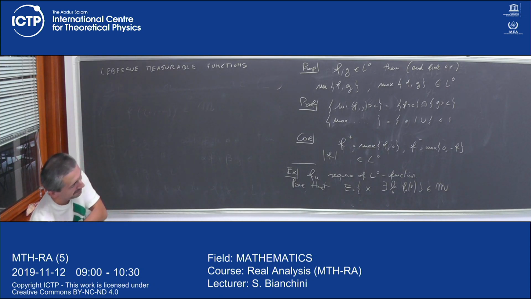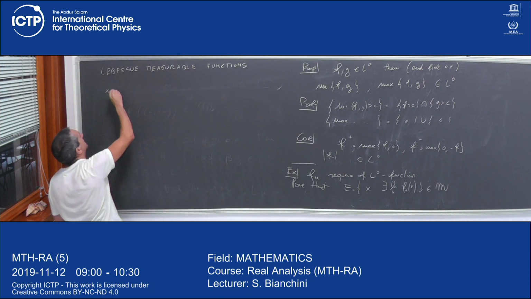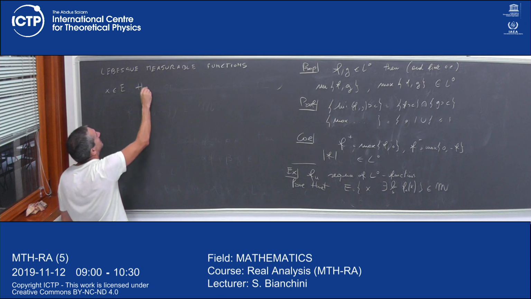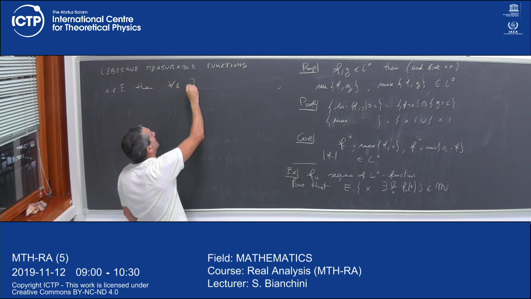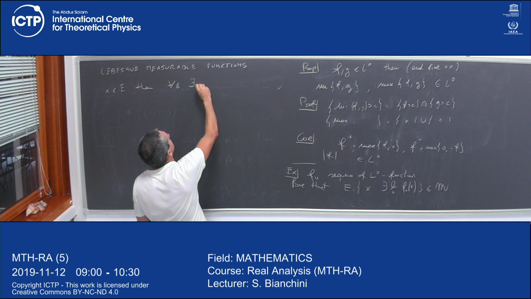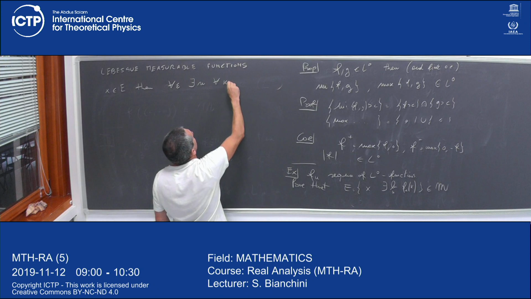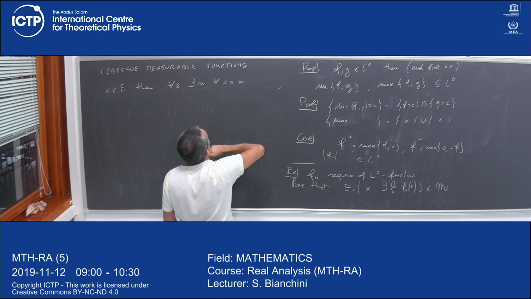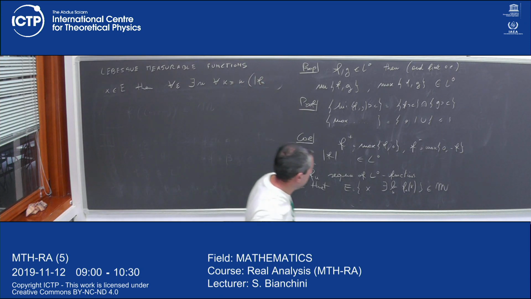Does anybody have an idea? The definition: for all epsilon there is some range. So if x is in E, then for all epsilon there exists some n such that for all integers greater or equal than n, the absolute value of Fn(x) minus f(x)... You don't have f(x) still, no?